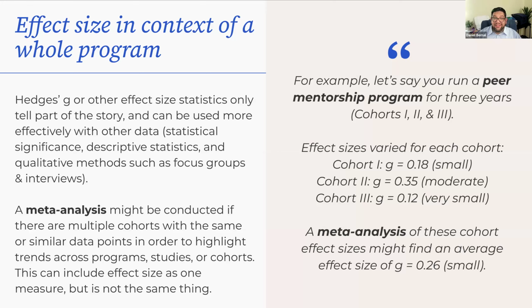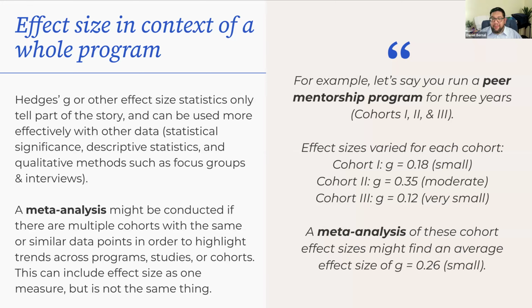Cohort 3 had an even smaller one. So this might feel initially like kind of a meager collection of effect sizes, and how do we interpret that? Certainly with mixed methods, you would look at what were the experiences of those three cohorts, what were the things that those students were saying after this mentorship program, what were the mentors saying, right? That is going to be super, super important for telling the story.